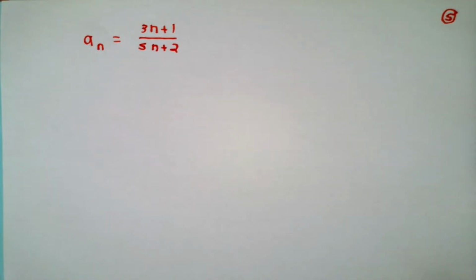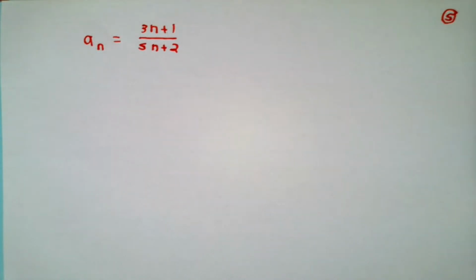For a sequence function, the only kind of limit that is going to make sense to us is this sort. If I were to look at these numbers, a sub n, each of which is equal to 3 times n plus 1 over 5 times n plus 2, if I were to allow the index to become very large, is it true or is it false that the resulting a sub n numbers begin to resemble a certain particular number, or is it not true that that's so?